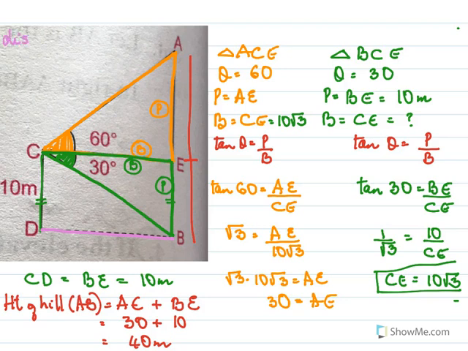So the distance between the hill and the ship is DB, and DB equals CE, which we found was 10 under root 3. So 10 under root 3, times 1.732, is 17.32 meters. So that is the distance, 17.32 meters.